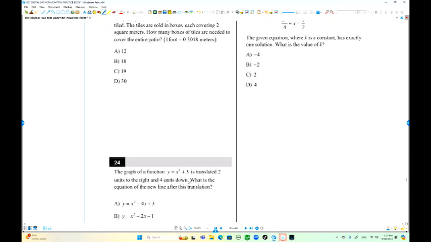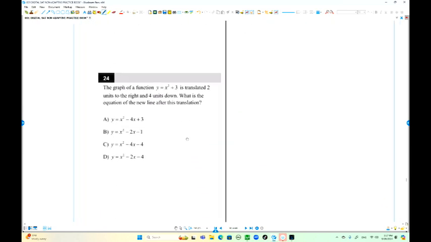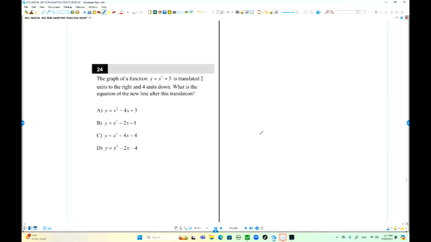Here is number 24. We have a graph x squared plus 3, which is the graph of what? Translate 2 units to the right. That is right. In the original formula, 2 units to the right means replace x with x minus 2. This is negative, move to the right.